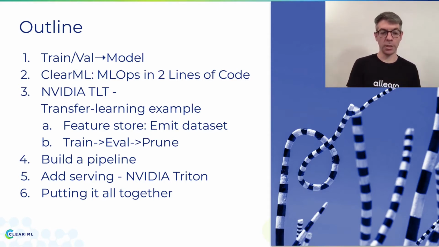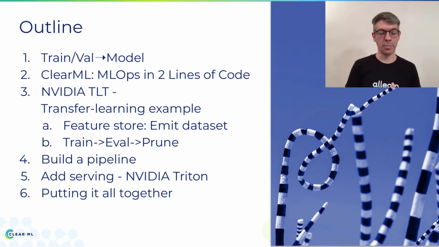So we can take a code base that was written by NVIDIA that does training. In our specific example, it's going to be object detection. And we'll use that object detection code base in order to demonstrate how we can automate this process, how we can take a code base that is already tested and executed and is on the system, replicate it, change parameters, send it for execution, end up with a model, and then serve that model using the NVIDIA TRITON.